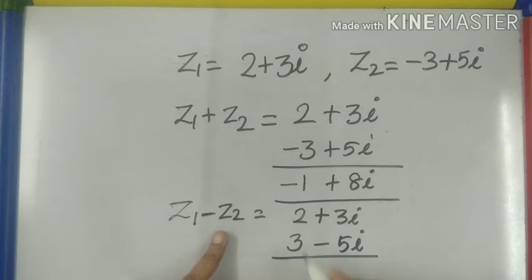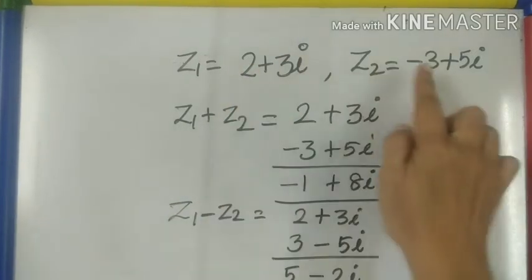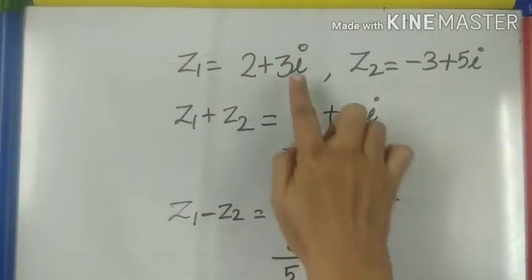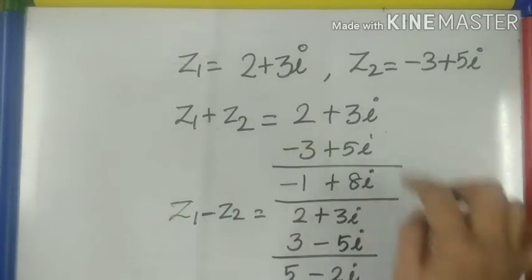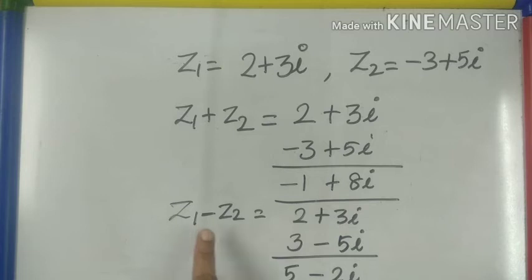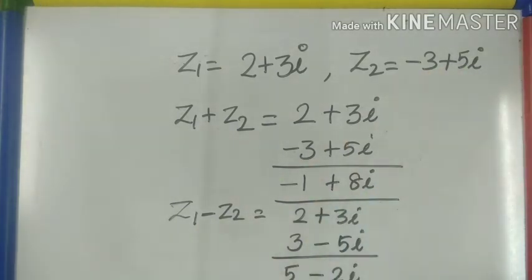Simplifying the answer, 2 plus 3 is 5, 3i minus 5i is minus 2i. So we have learnt for addition or subtraction, the real numbers together, the imaginary numbers together. Plus means just add and write. Minus means z2, change the symbol and then add it.